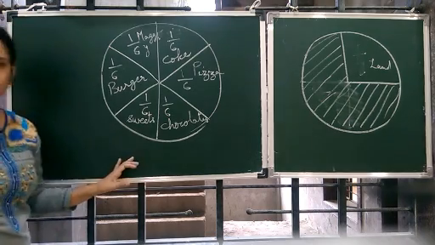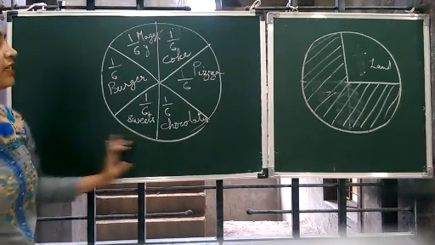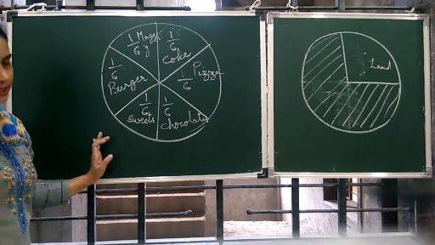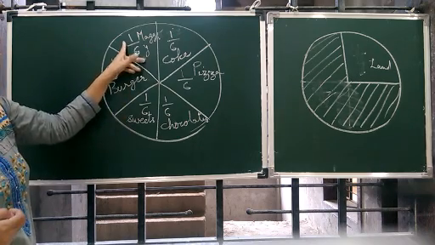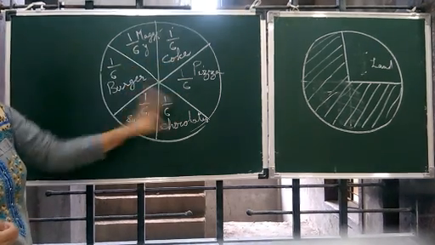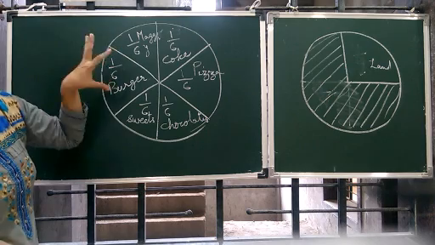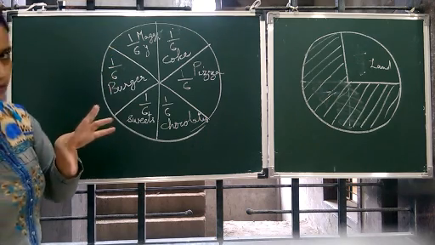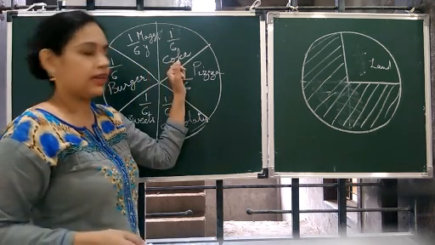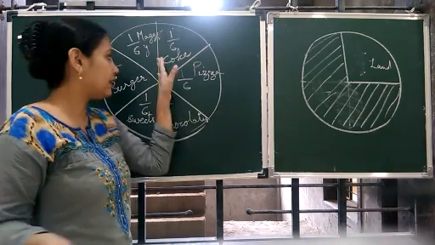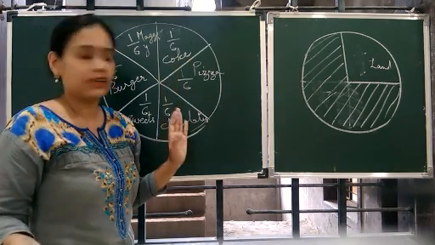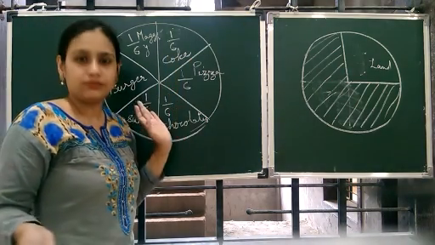So this is data in which there are 60 students. Your class is divided into 6 parts, with equal parts liking Maggie, Coke, pizza and chocolates.